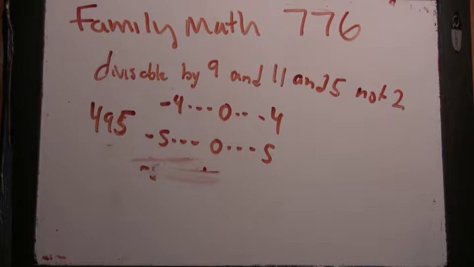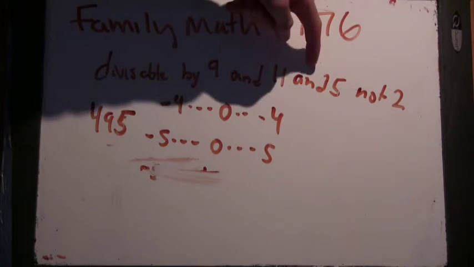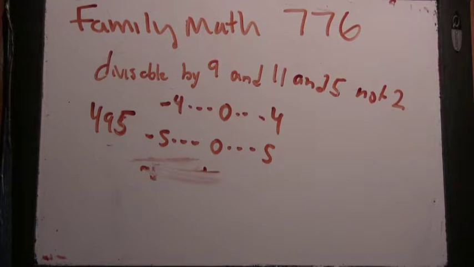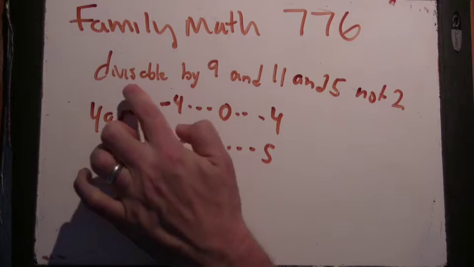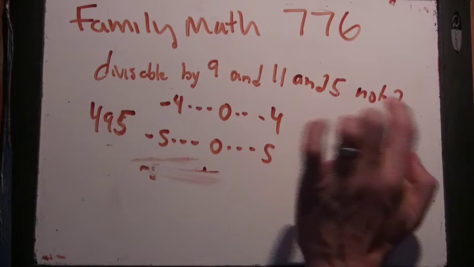Any more? And it's divisible by 5 and not 2. Okay, so what were the conditions of the number? So it had to be divisible by 9, divisible by 11, and 5, but not 2. Okay, good. Those are the conditions we found about the number. Divisible by 9, 11, 5, but not 2.